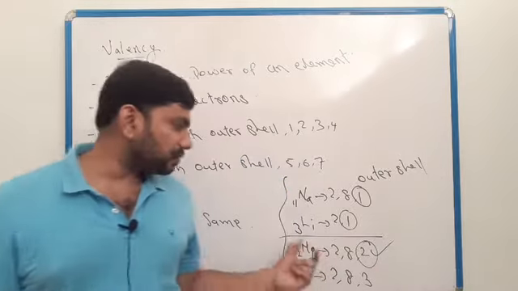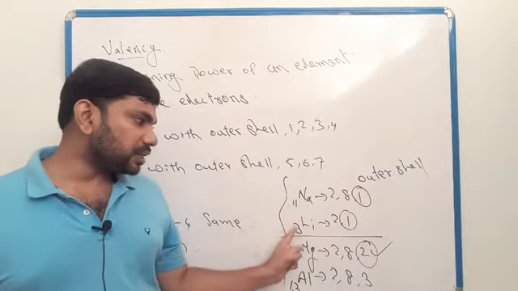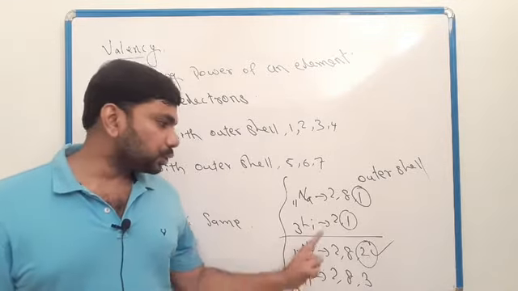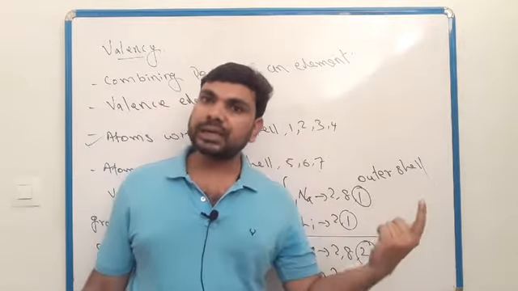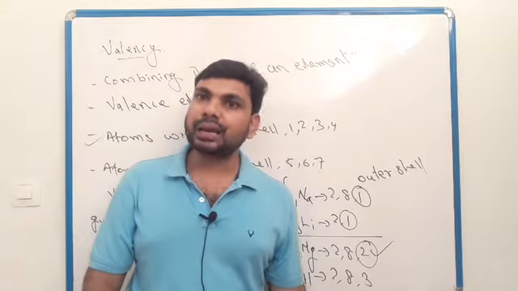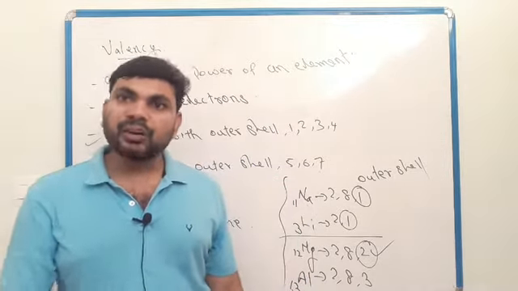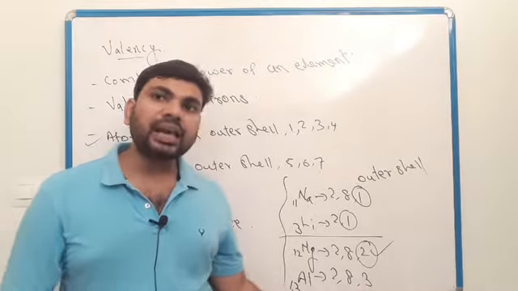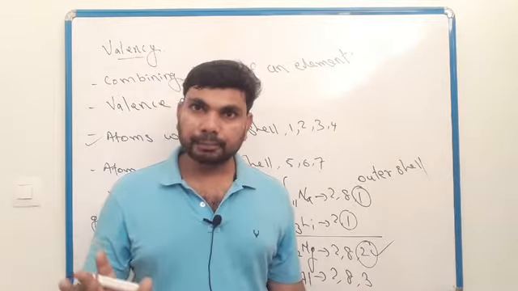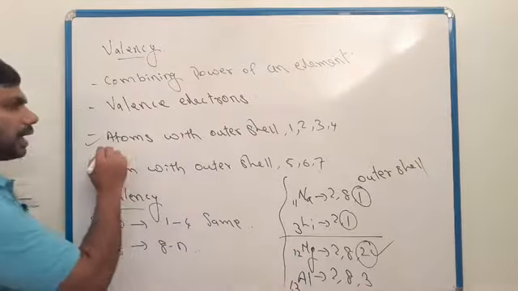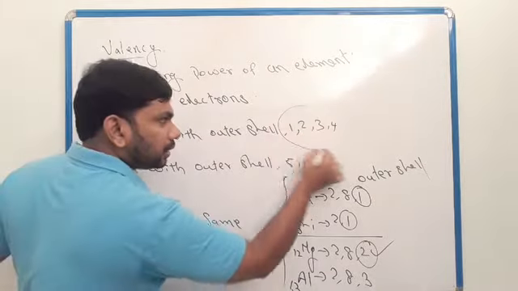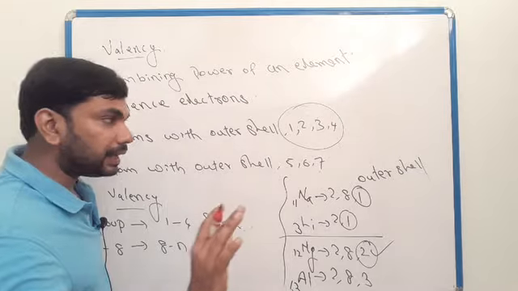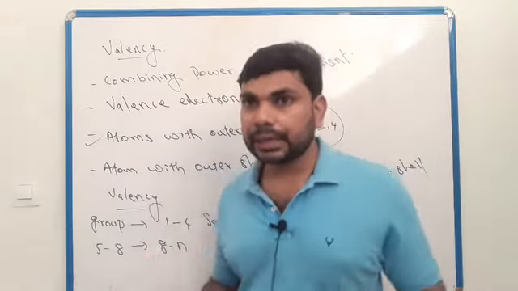So what is the valency of sodium? 1. What is the valency of lithium? 1. What is the valency of magnesium? 2. What is the valency of beryllium? 2. All group 2 elements, valence electrons are 2, valency 2. All group 3 elements, valence electrons are 3, valency 3. Clear?